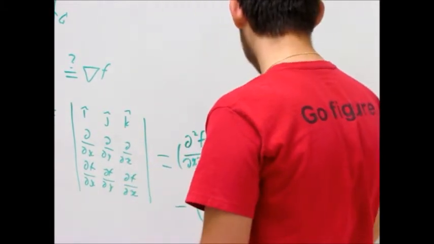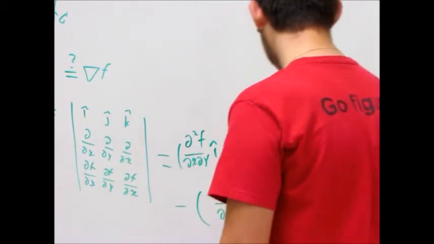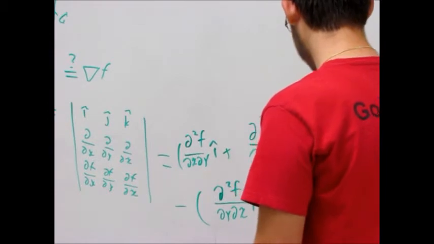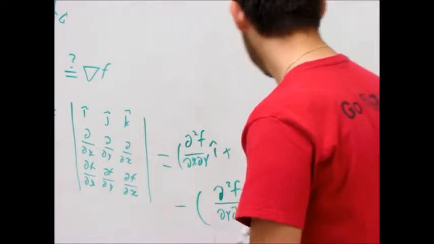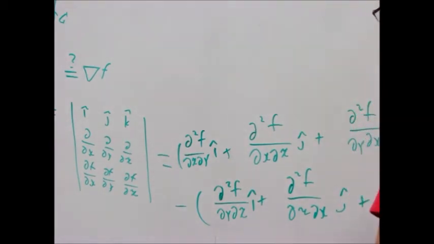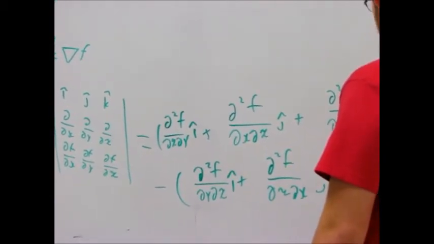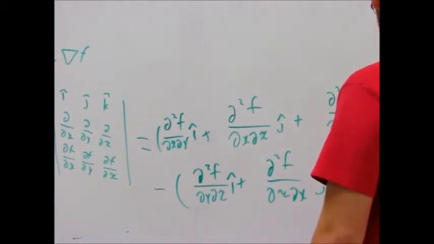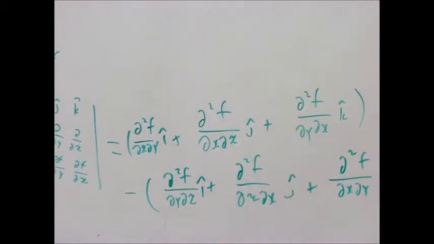Partial with respect to z first, then x, x, j, and the k would be this. So that would be partial with respect to x, and then y, k.